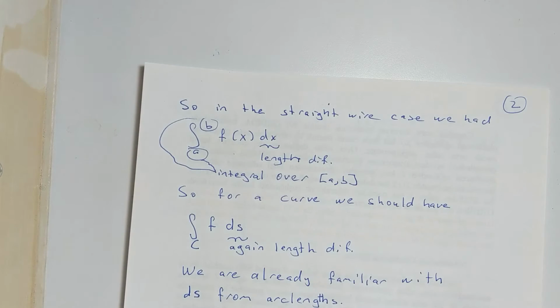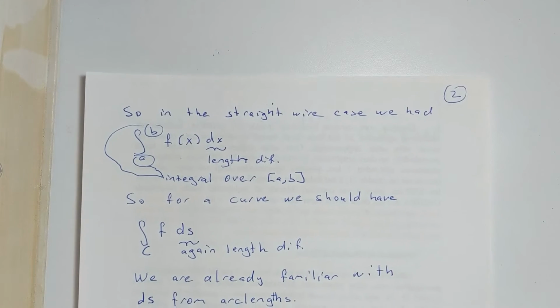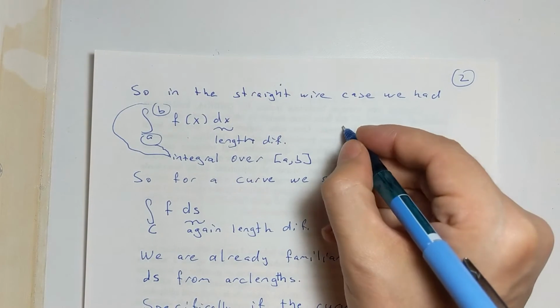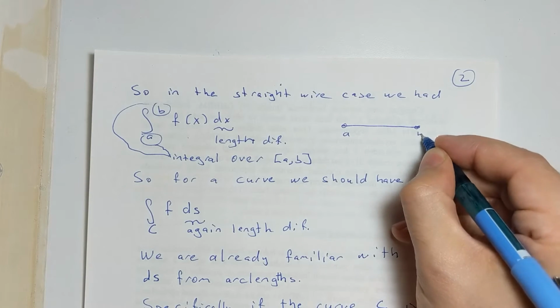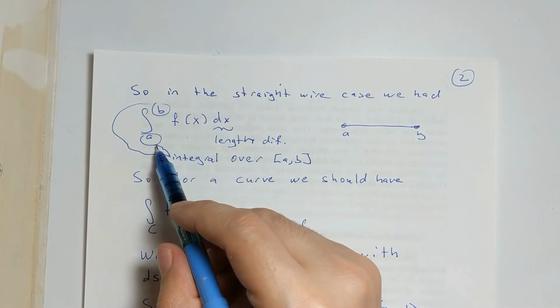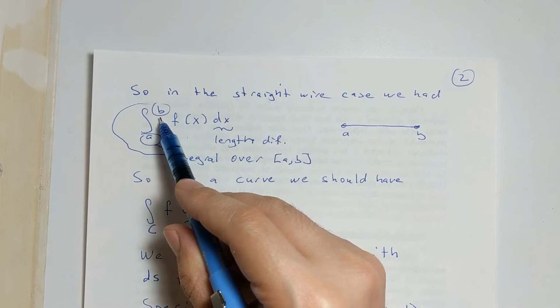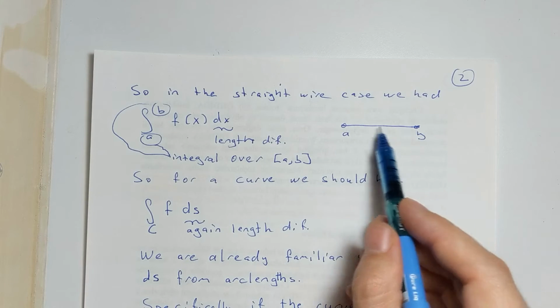So let's move on. Again, I'm going to go back to the good old single variable integrals for a second. In the straight wire case, when we have the straight piece of wire from a to b, why did we set this up? Because x starts from a and goes all the way to b. So we're actually parameterizing this line segment.